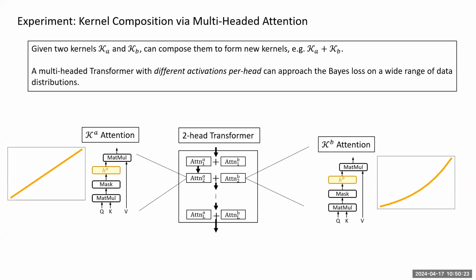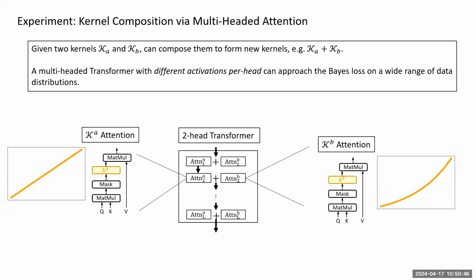With a multi-headed transformer where each head has a different activation, you can imagine a similar thing: it effectively lets you implement functional gradient descent over kernels belonging to a big class of kernels obtainable from compositions.